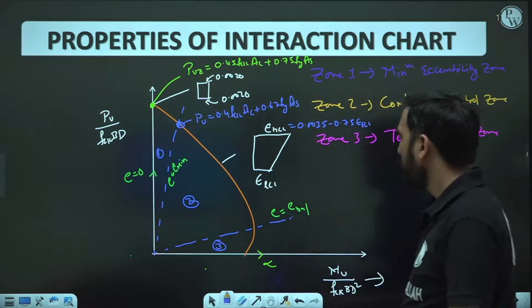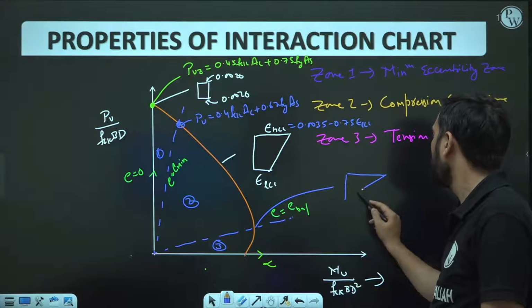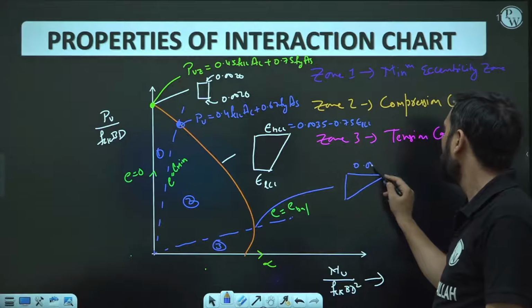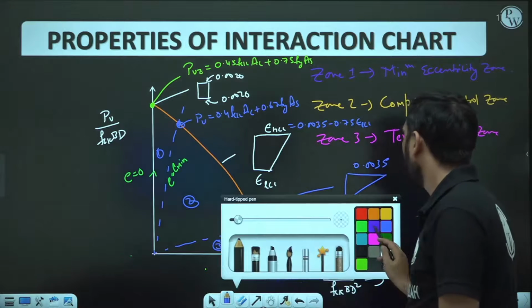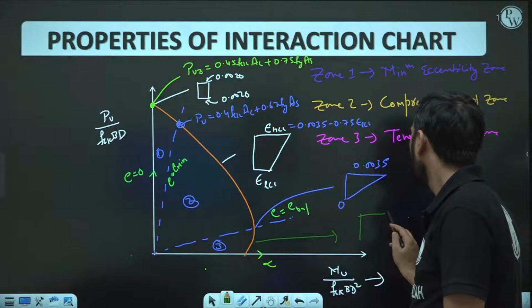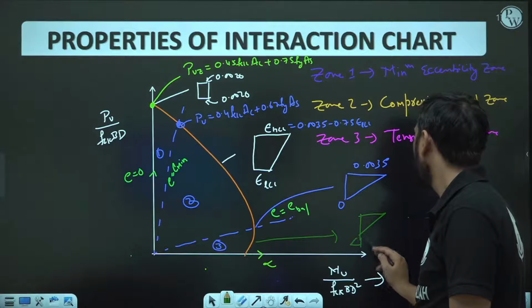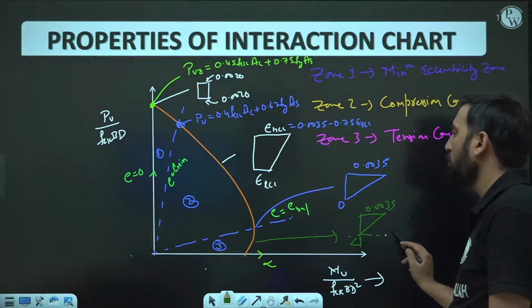Here the strain diagram would be like this. It is 0.0035, it is 0, and beyond this point your strain diagram will look like this.